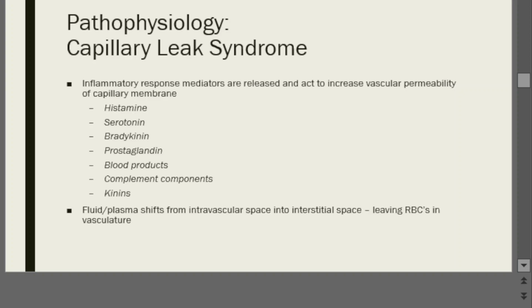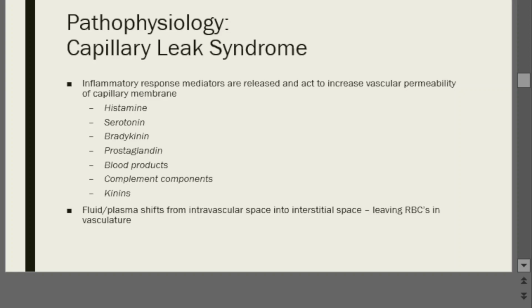The inflammatory response happens both locally at the burn site and systemically. This results in a fluid shift from the intravascular space into the interstitial space. So the patient has this third spacing going on. As the tissue burns, mediators are released. What are these mediators?